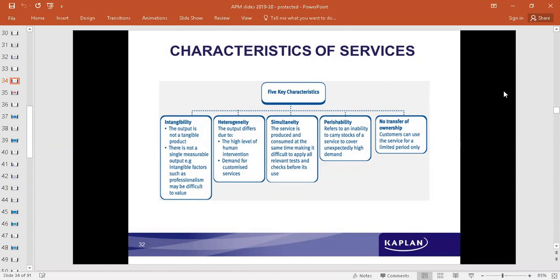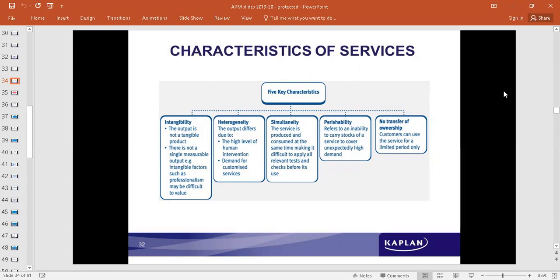If the production is done now, it cannot be consumed in the next period. See, if the service is provided, it has to be consumed immediately. As it is being provided, it has to be consumed. It cannot be carried forward to the next period because of its perishable nature.